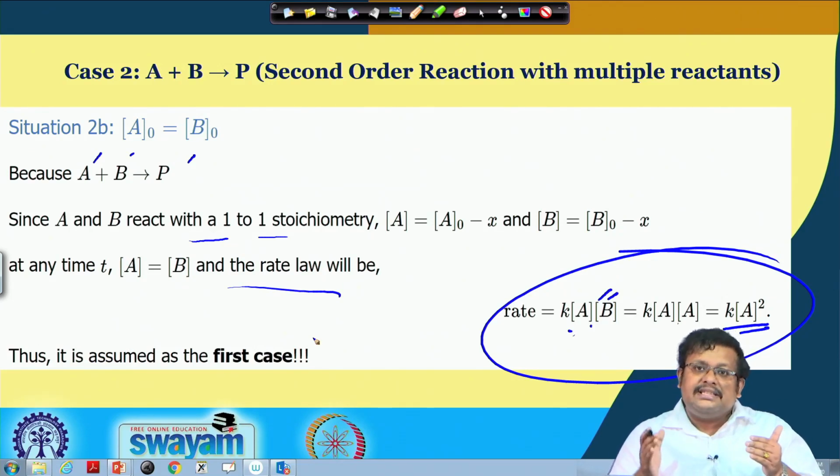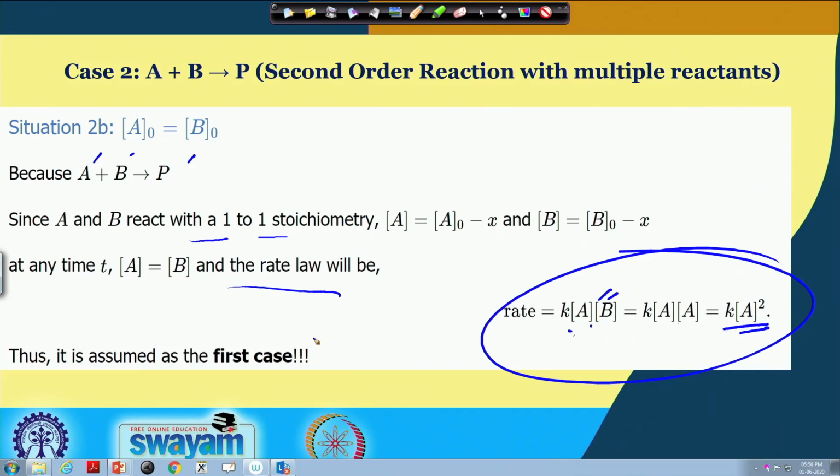If you plot the logarithm of the concentration of a reactant versus t, you will get a straight line, which gives a negative slope. However, in the case of a second order reaction, it will give you a positive slope when you plot 1 by the concentration of a reactant against time. This is how you can differentiate between a first order reaction and a second order reaction.